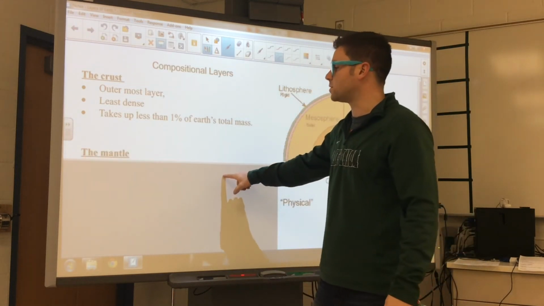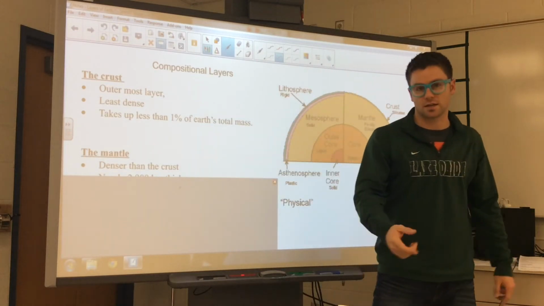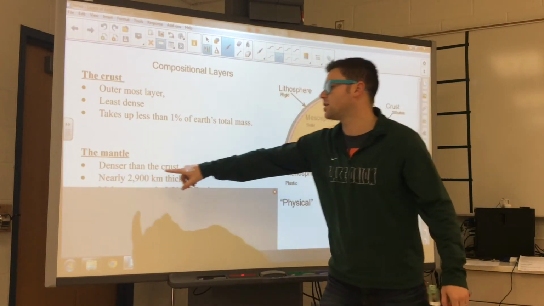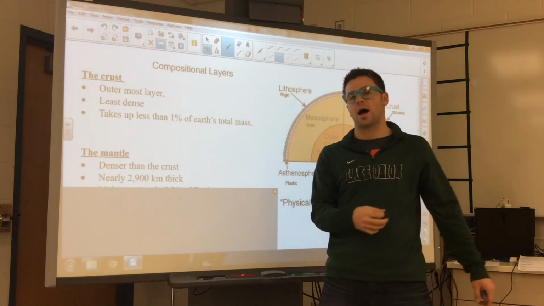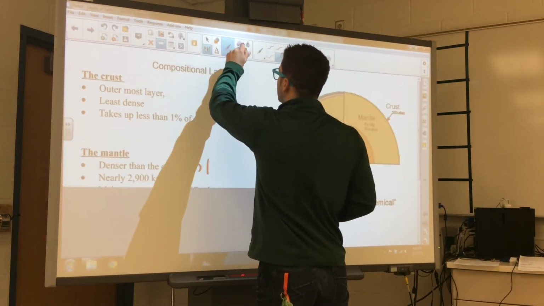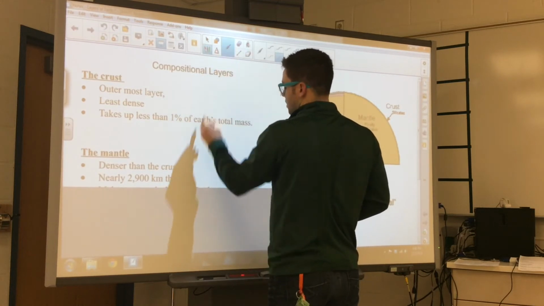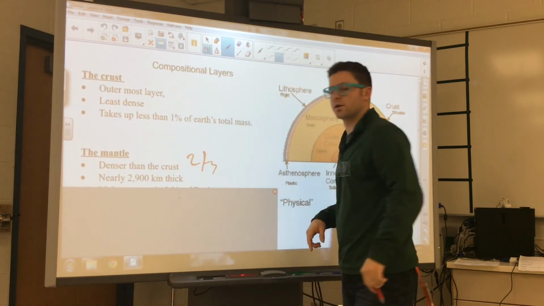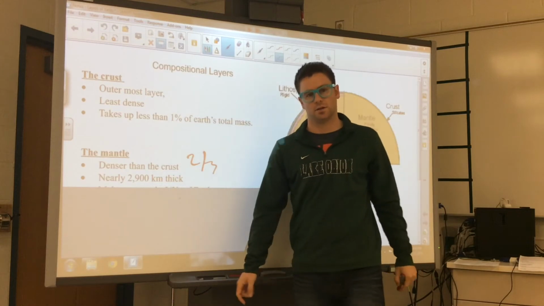And then we move to the mantle. The mantle is denser than the crust and is nearly 2,900 kilometers thick, over 2/3, right? 2/3 of Earth's mass is in the mantle.